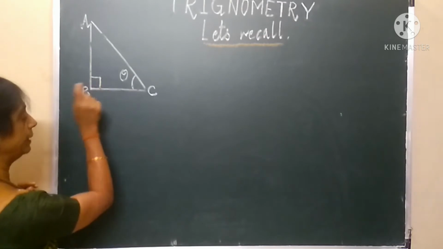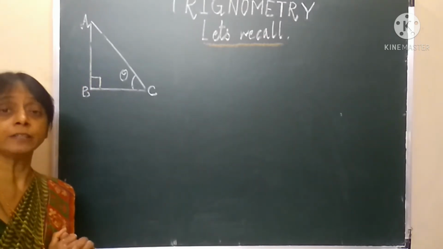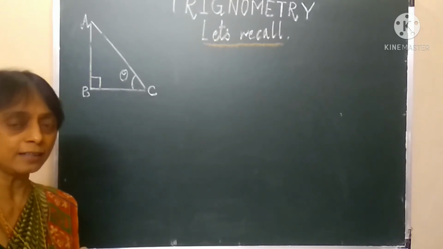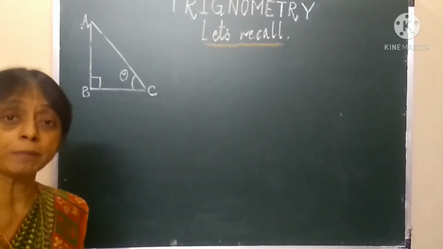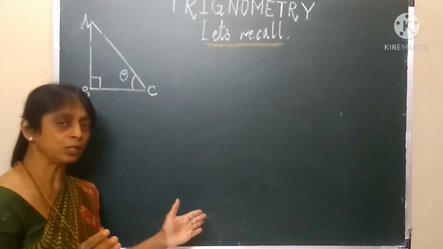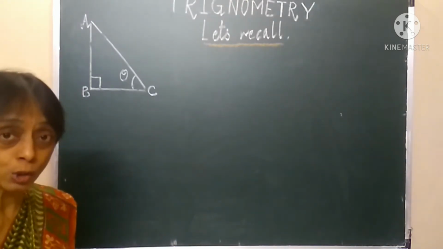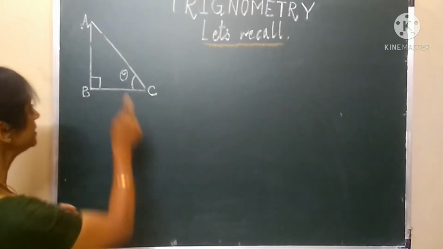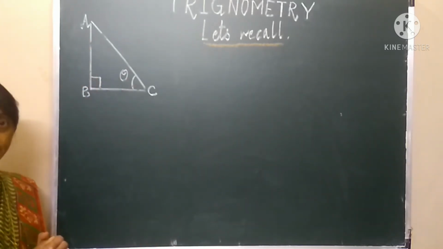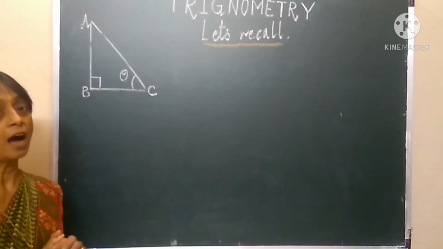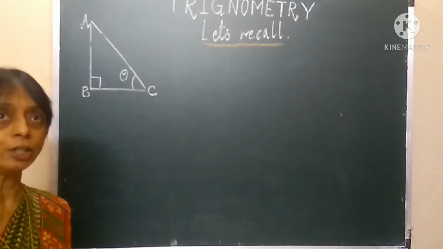So if angle B is 90, which are the acute angles in this triangle? What is an acute angle? An acute angle is an angle which measures between 0 to 90 degrees. So in this case, which two angles are acute angles? One is angle A and the other is angle C.